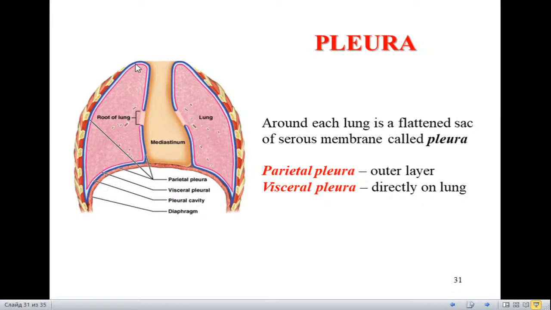The places where one part of the parietal pleura transforms into another part are called pleural sinuses: the costodiaphragmal sinus, costomediastinal sinus, and phrenico-mediastinal sinus.